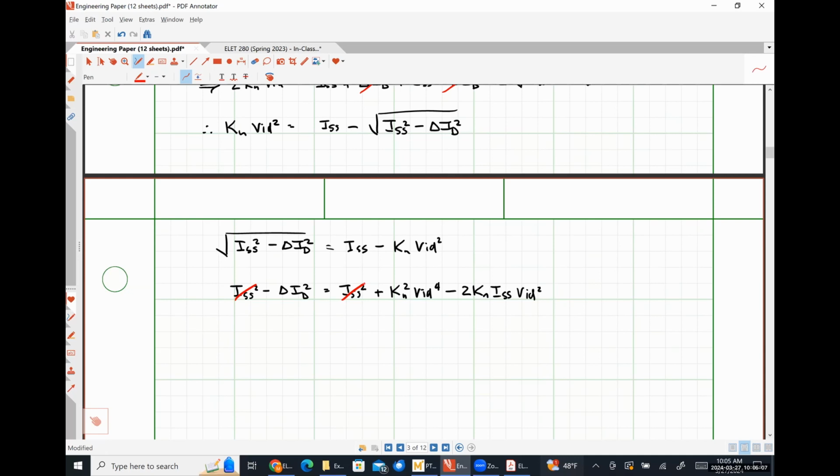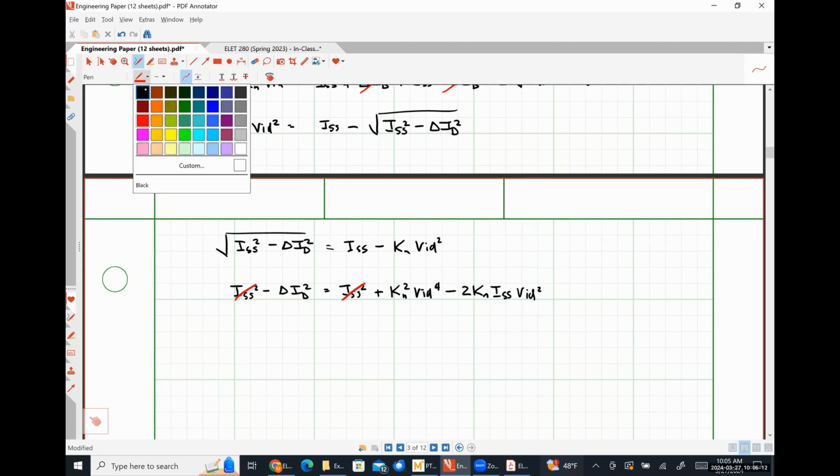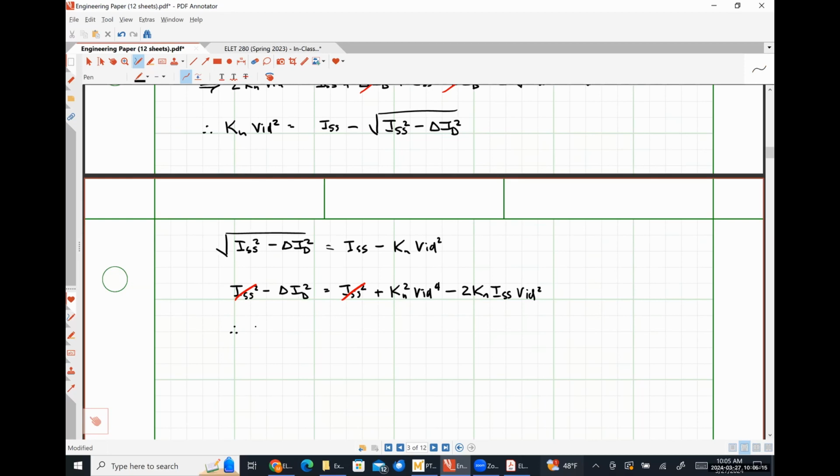Moving our negative sign over, we wind up finding that delta ID is equal to the square root of twice Kn ISS VID squared minus Kn squared VID to the fourth power.